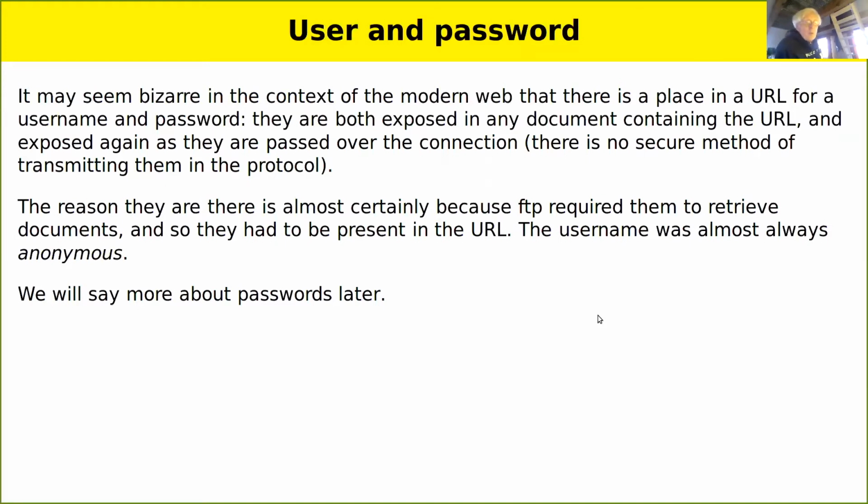And so that's probably why they're in there, because FTP required a username and password to be able to retrieve a document. And if you didn't have a login, then there was often an anonymous login specifically for that purpose, and the username in that case was anonymous. So it's probably only there for FTP, but it's certainly not a good thing to use. I'll talk more at length about passwords later.